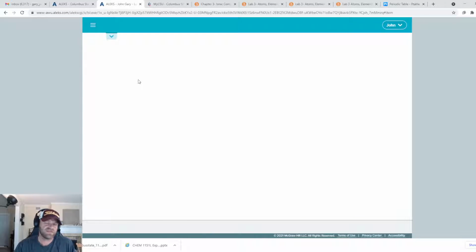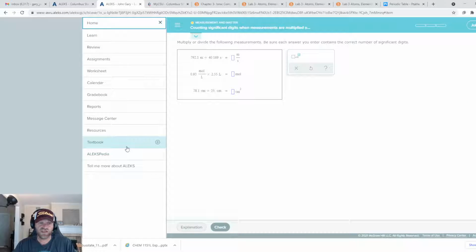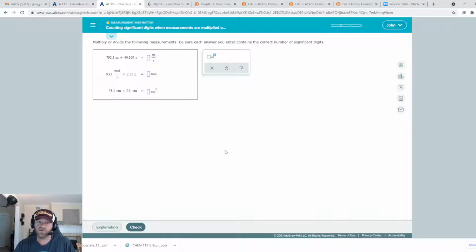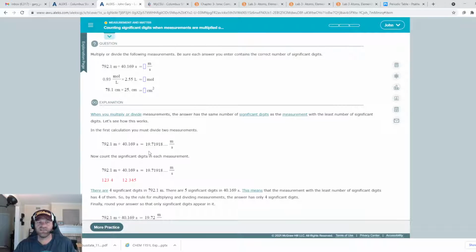So let me just kind of show you quickly. Once you get into a problem, so this is something older that you should have already done, once you come into this problem, you have your text on the left. You can open that up and go to the section that it's discussing and look there. But my favorite thing to do when dealing with these, if I'm confused at all, is go into the explanation at the bottom left.